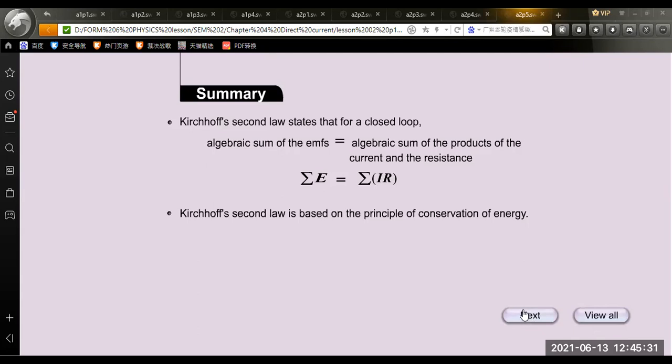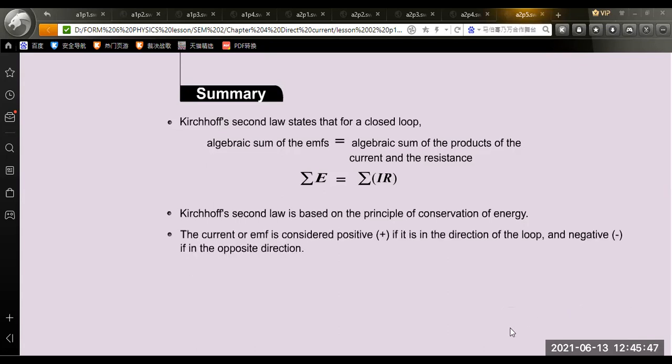Kirchhoff's second law is based on the principle of conservation of energy. Kirchhoff's first law is the principle of conservation of charge. The second law is the principle of conservation of energy.